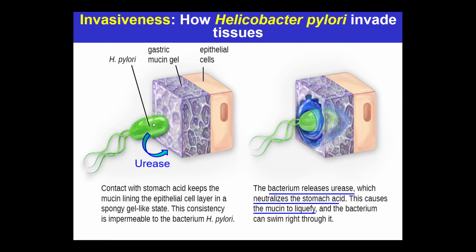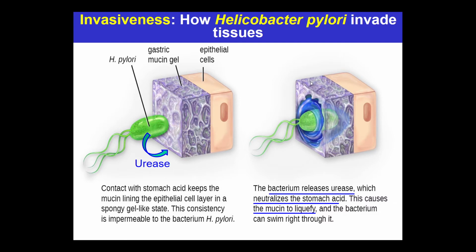But these bacteria produce urease. Urease is an enzyme, bacterial urease, that neutralizes the stomach acid. The pH becomes higher at this point. And this causes mucin liquefaction.